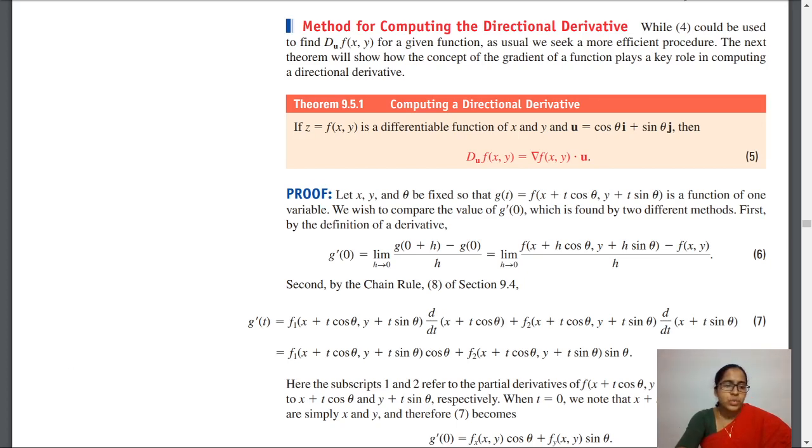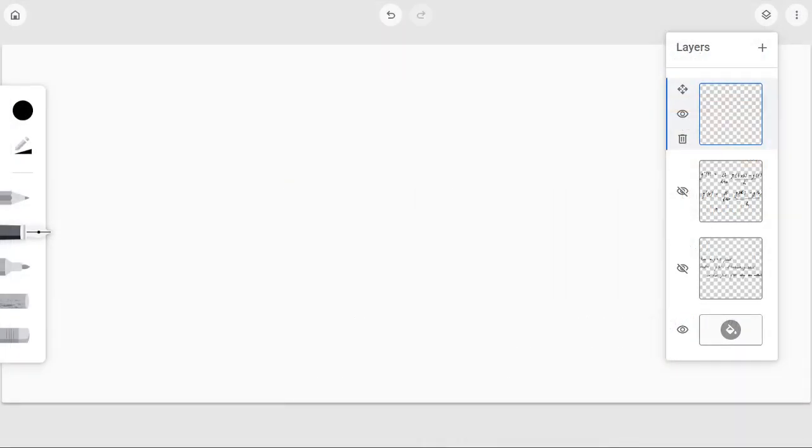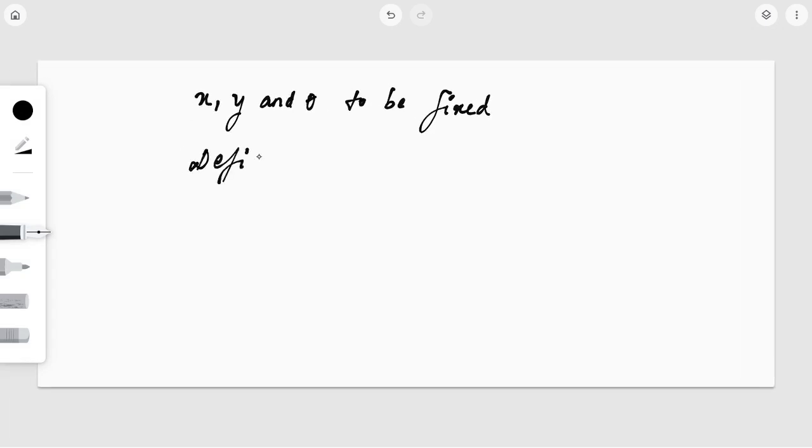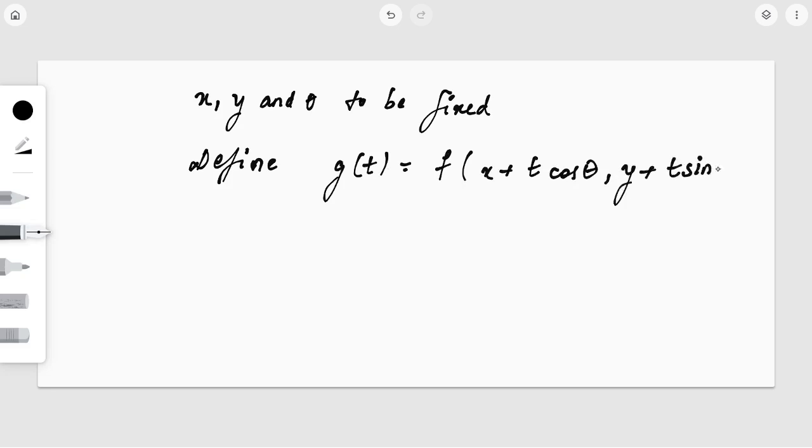For that, first we are going to keep the values of x, y and theta fixed. Then we shall define a function g of t equal to f of x plus t cos theta, y plus t sin theta.